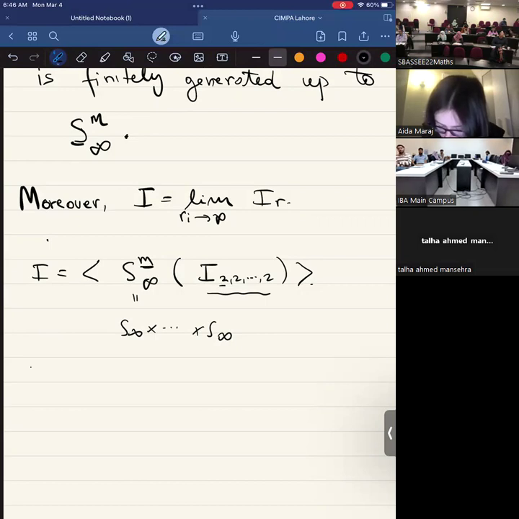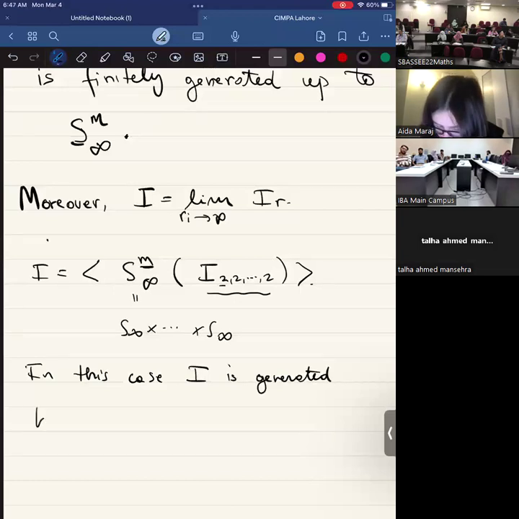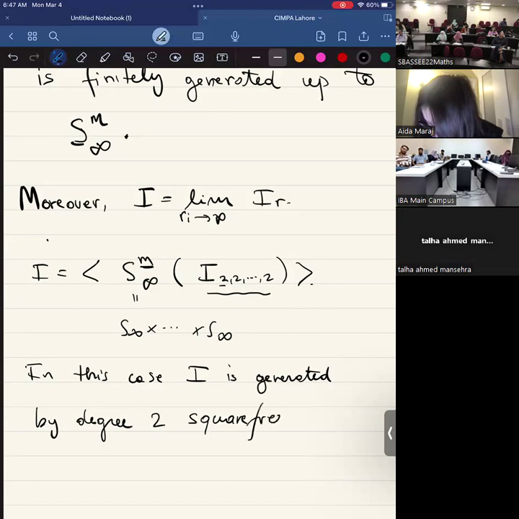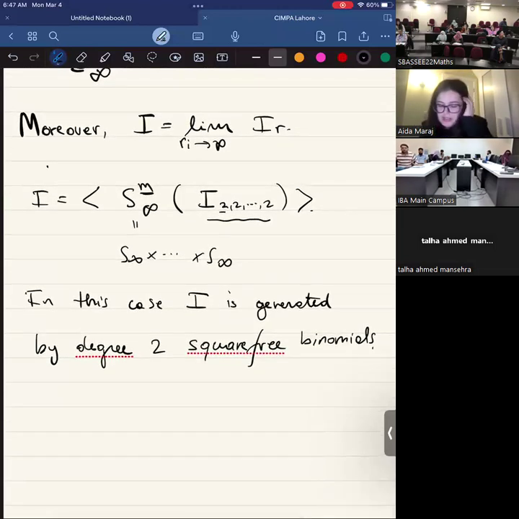So in this case, I is generated by degree 2 square-free binomials. It has all those nice properties that come with degree 2 square-free binomials.